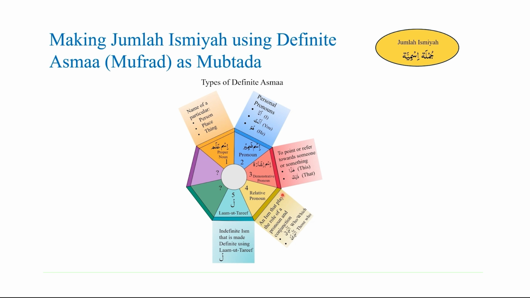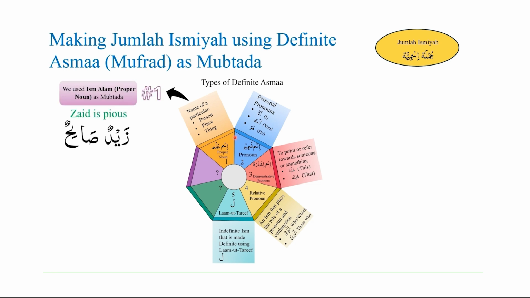Relative pronouns, an ism that plays the role of a pronoun and conjugation, such as allazi and allazina. And finally, lamut tarif, which is used to make an indefinite ism definite. We then used definite asma as mubtada in Jumla Ismiyah. First, we used ism alam or proper noun as mubtada, and we made a Jumla Ismiyah which was Zaidun salihun. Zaid is pious.